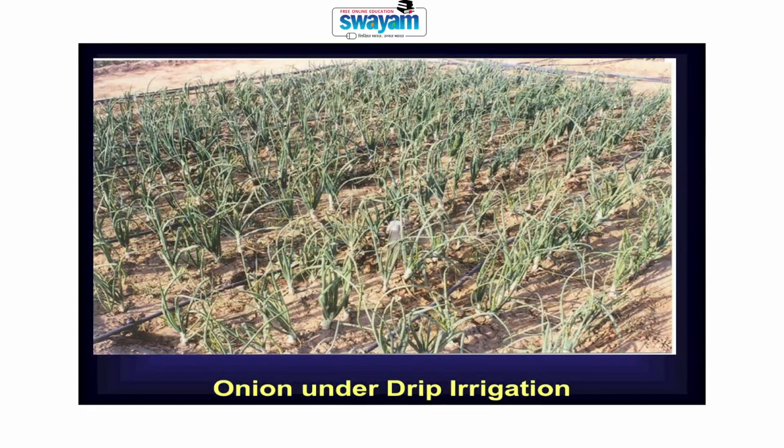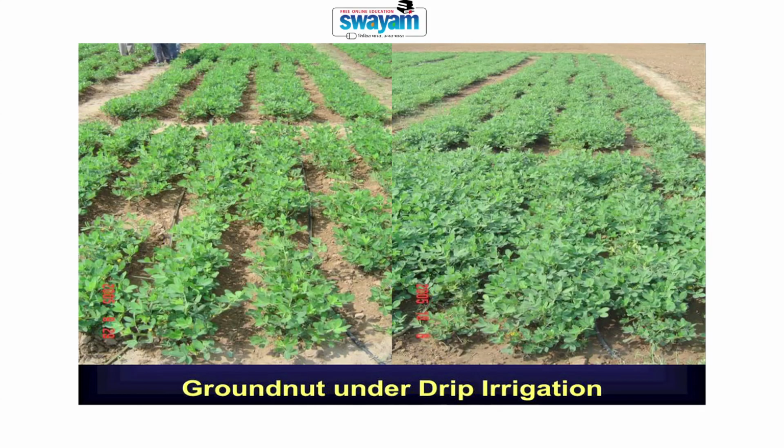Typical onion crop under a drip irrigation system, which is very suitable for drip. And another example is groundnut. Groundnut is a crop where the number of pods is important. Now, the number of pods depends on the pegging of the nodes. If the soil is too dry, the pegging will not take.